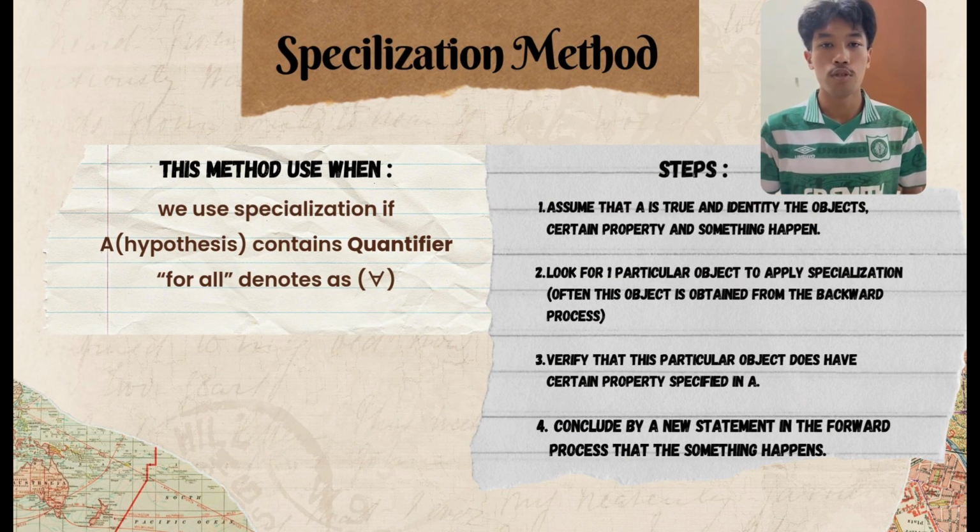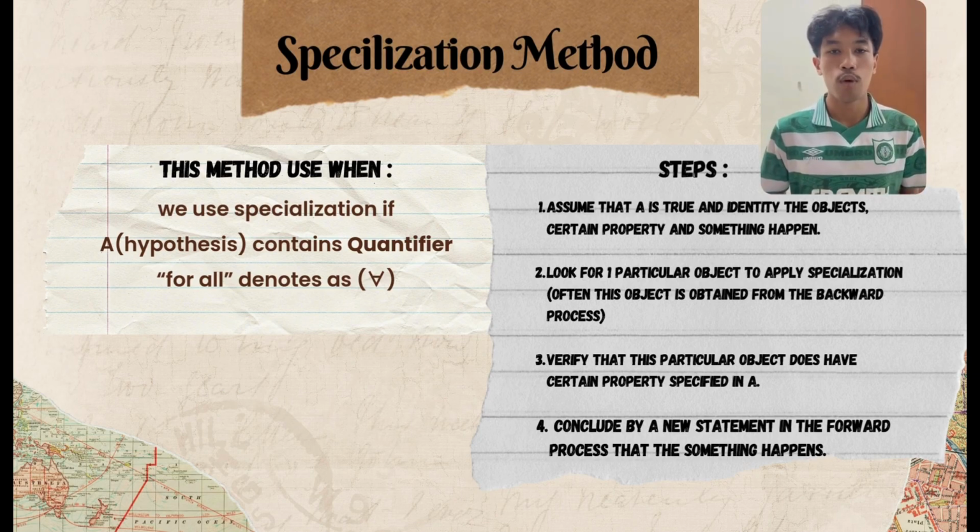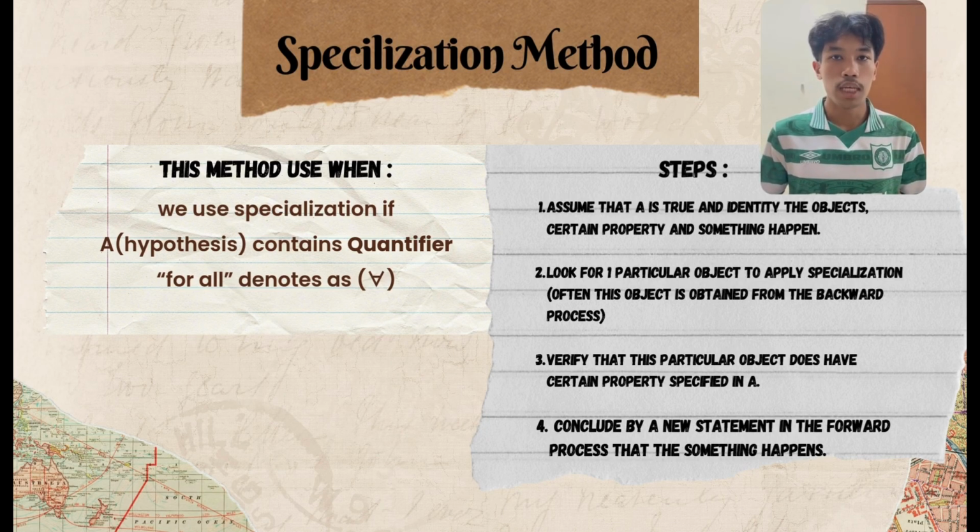Okay, right now for the specialization method. We use the specialization method if a hypothesis contains the quantifier for all. For the steps, first assume that A is true and identify the object contained and what property happened. For the second step, look for a particular object to apply the specialization method.